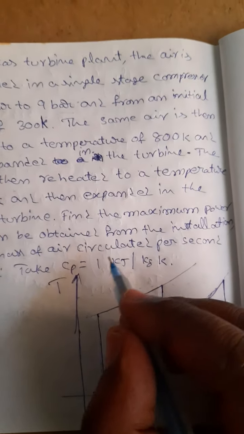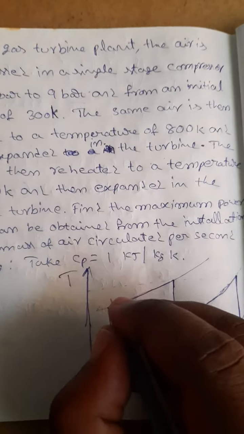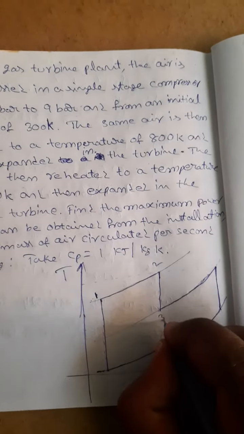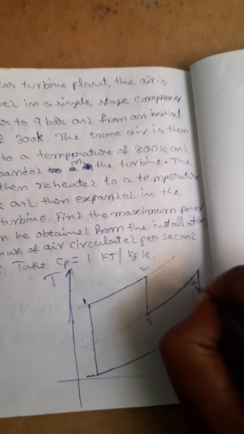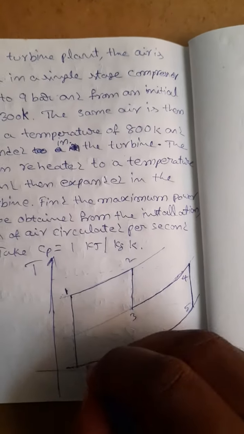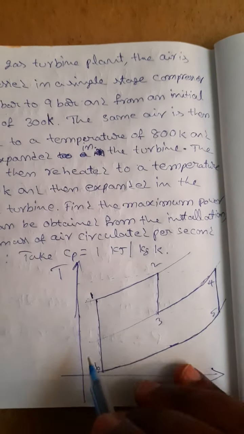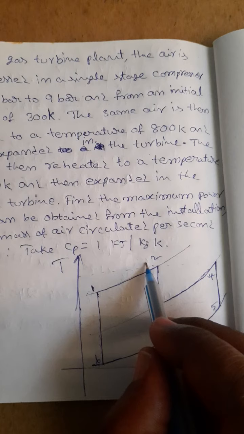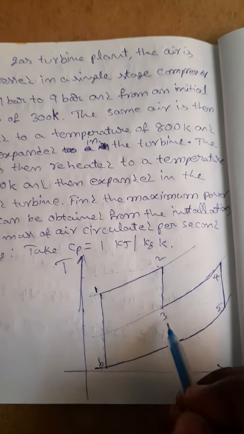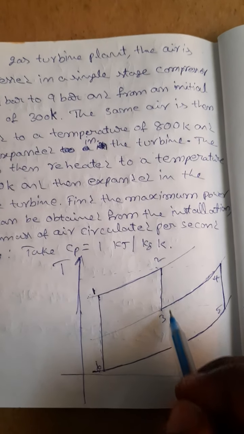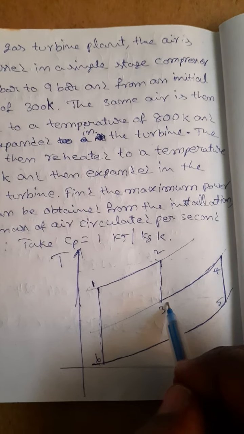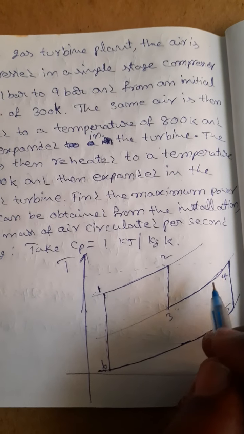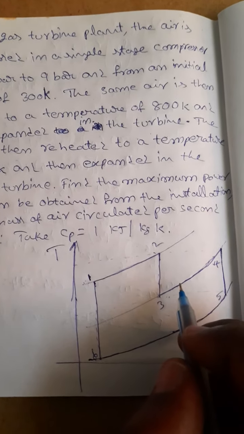So I am assuming this is the 1, 2, 3, 4, 5, 6. So state 1, process 1 to 2 is the heat addition at constant pressure, and 2 to 3 is the isentropic expansion in the turbine, and 3 to 4 again reheated at constant pressure in a heating chamber.